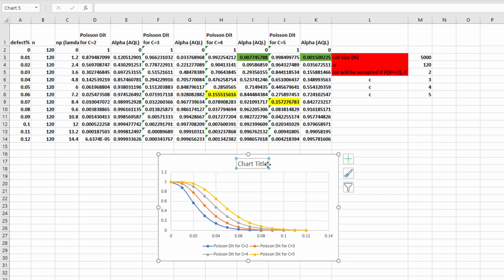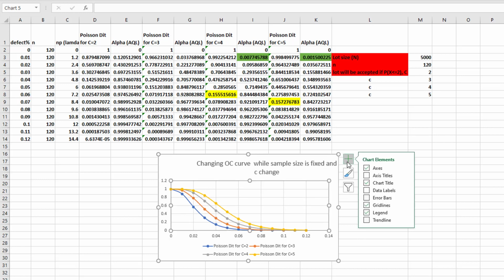Now we want to change the title. In the title, you need to write: changing OC curve while sample size is fixed and C changes. So in this example, our sample size is 120, but we change the acceptance rate.